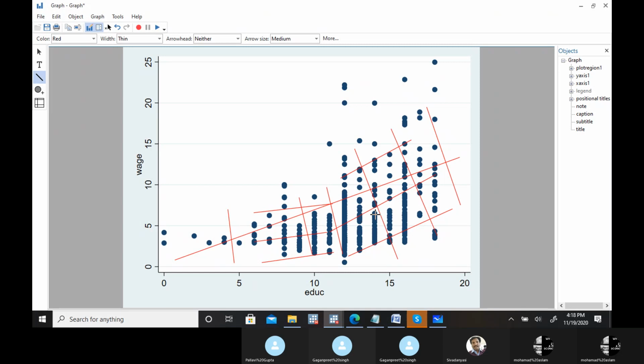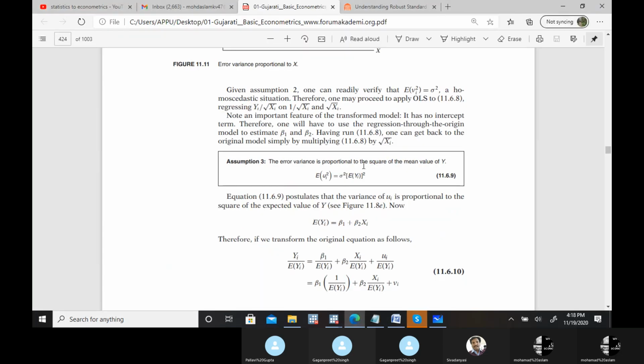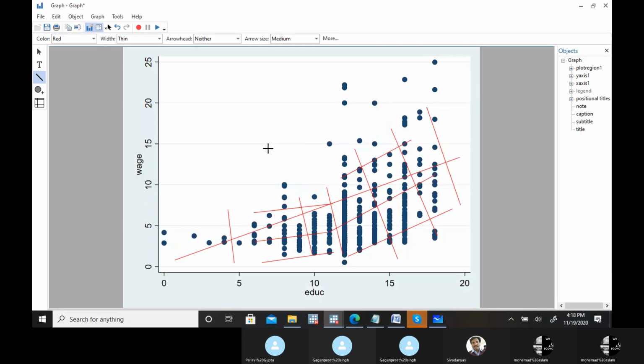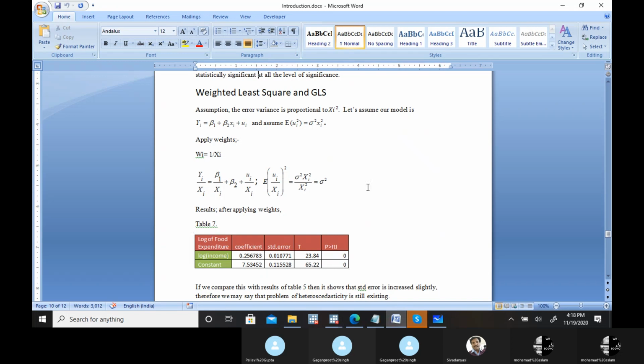So that's why even if you apply these simple remedial measures which are given in the book, they won't help you out. Many times, like in this assignment, I tried this, but this assignment is from the IHDS data 2004-05, and I was taking income and food expenditure changes.